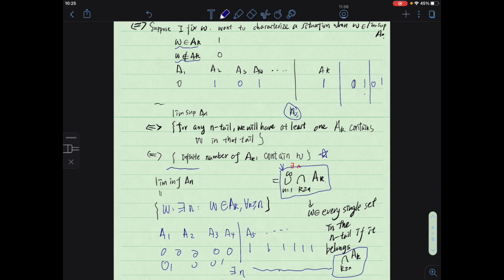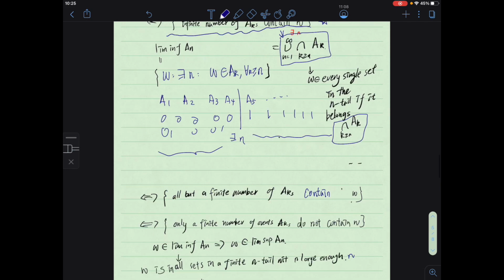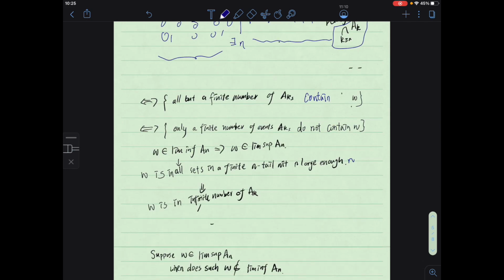So an infinite number of AK contain omega. That is equivalent to saying omega is in an infinite number of AK, right? So this leads to the limit superior of AN. So any element that belongs to the limit inferior of the sequence of sets also belongs to the limit superior of the sequence of sets.